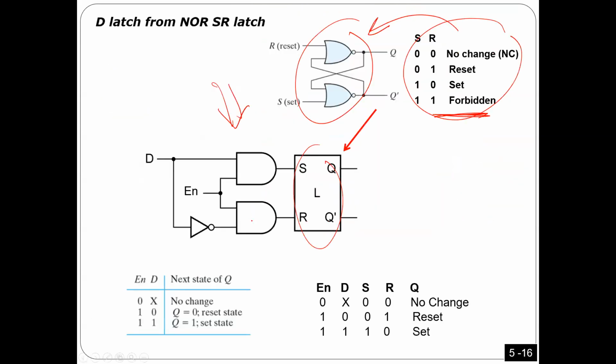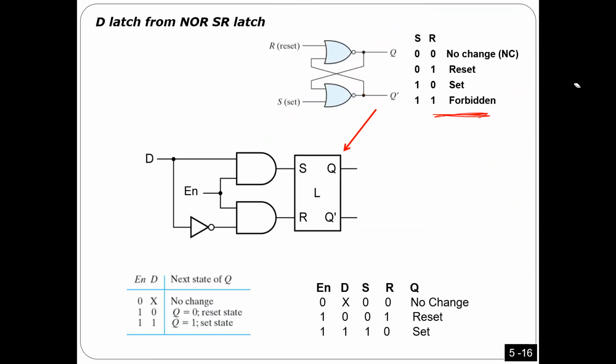Okay, so let's see. As you see here, it is very simple. If I make enable 0, you know this is AND and AND, so 0 is going to produce 0 and 0. If you look at the table, 0 and 0 makes no change. But if I make this 1, we're going to have D here and D prime here.